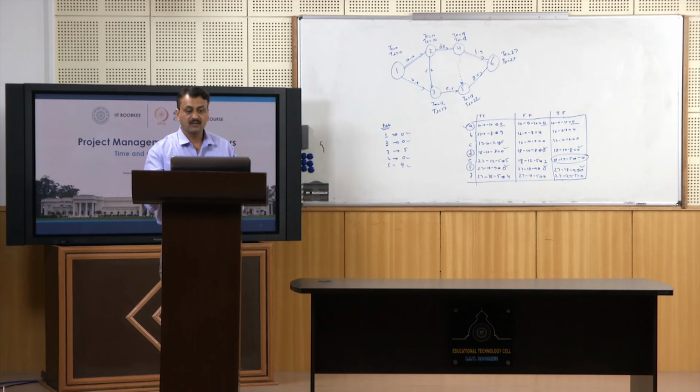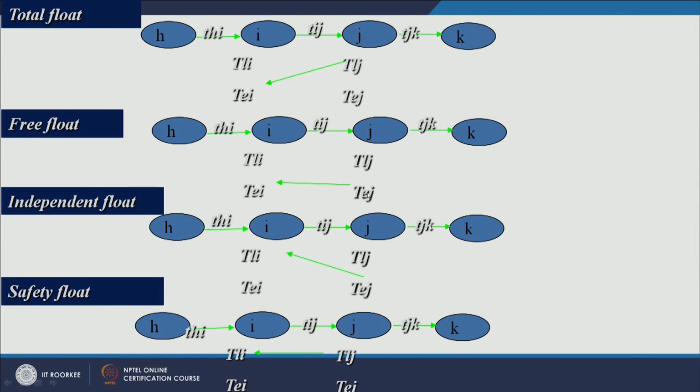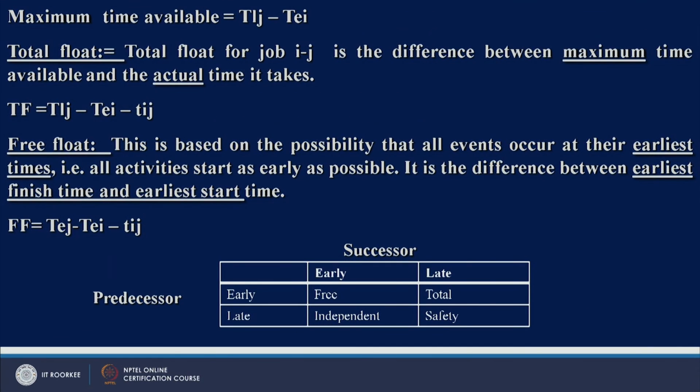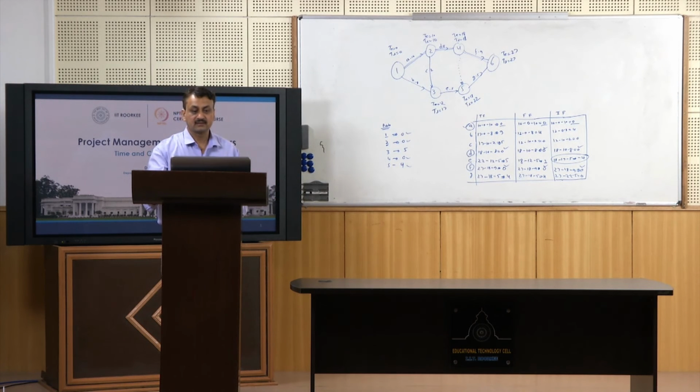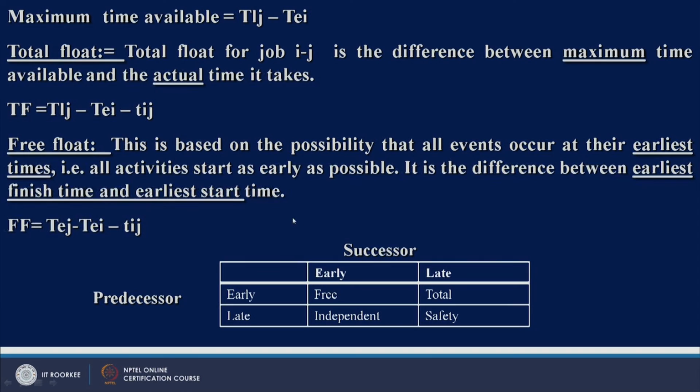In free float, you consider that the preceding activity will start as early as possible, and the succeeding activity will also start as early as possible. Free float is based on the possibility that all events occur at their earliest times, so all activities start as early as possible.